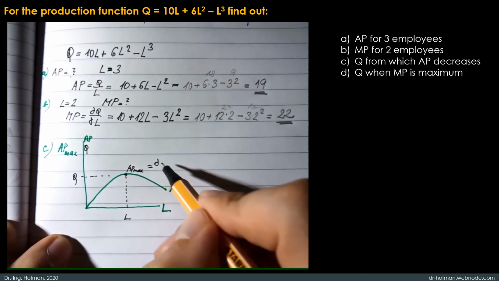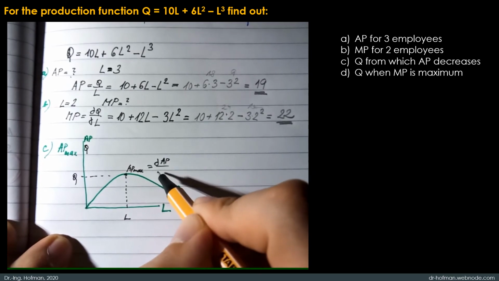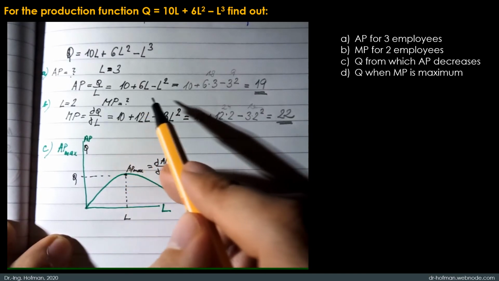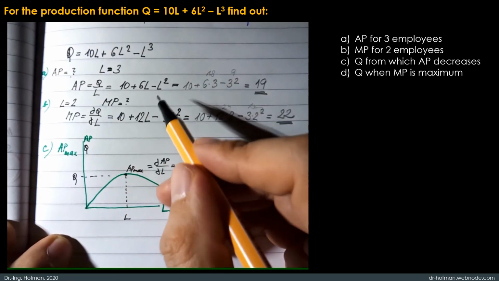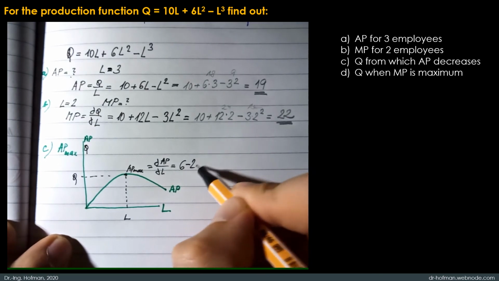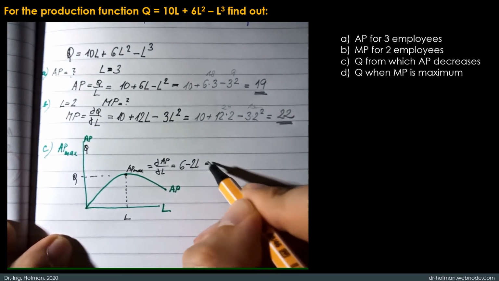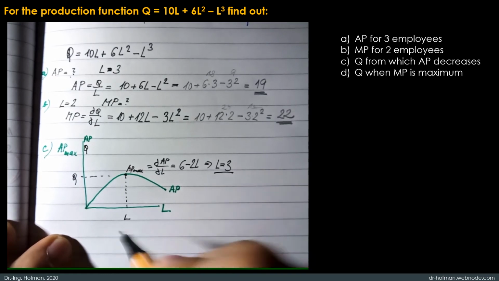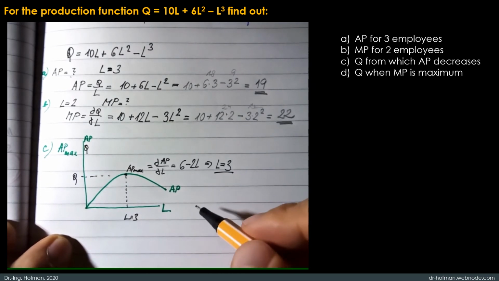We are searching for the point AP maximum, which is where the derivative of AP according to L is zero. We know AP, and the derivative of this expression is 6 minus 2L, and from here I can say that L is 3.